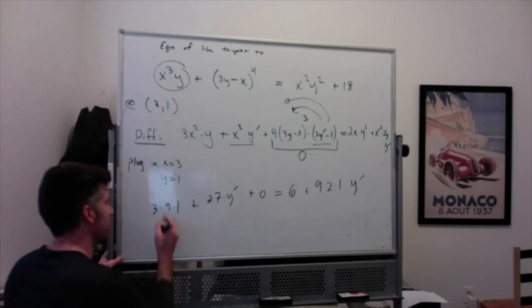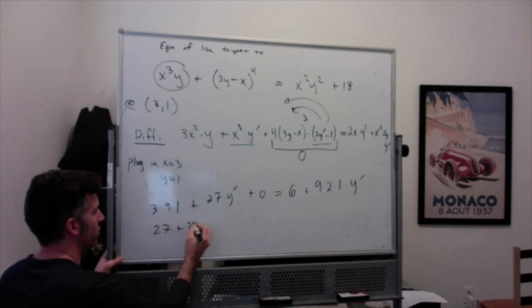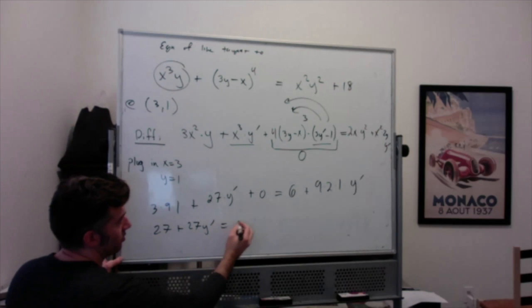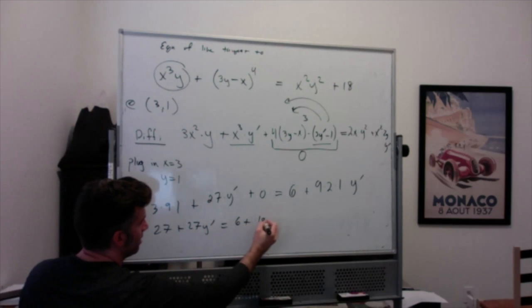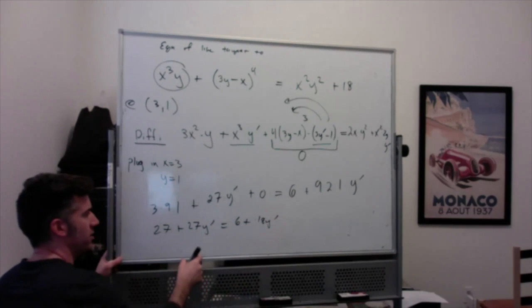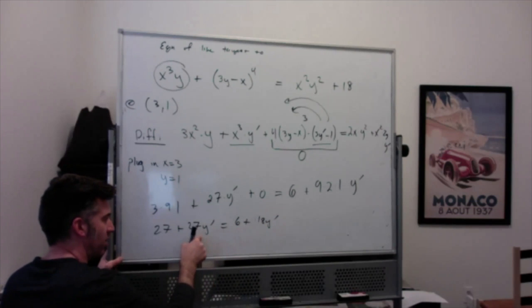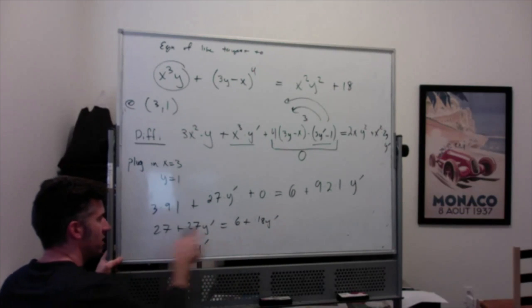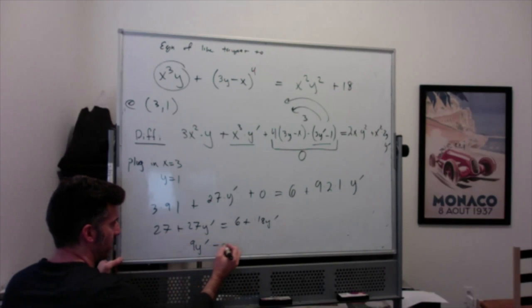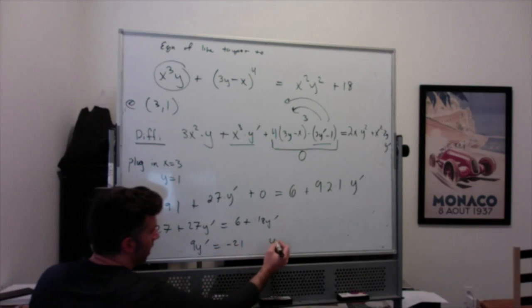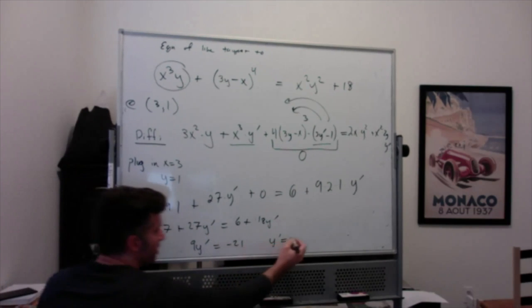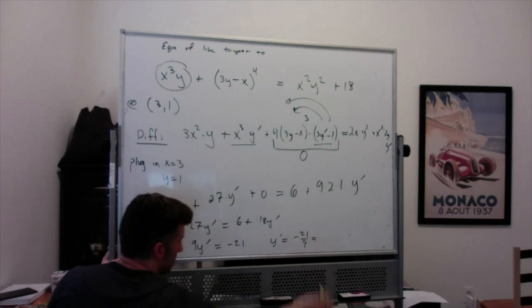So then we get, let's see, 27 plus 27y prime equals 6 plus 18y prime. And subtracting 18y prime gives me 9y prime. 6 minus 27 is negative 21. So y prime equals negative 21 over 9, which is negative 7/3.